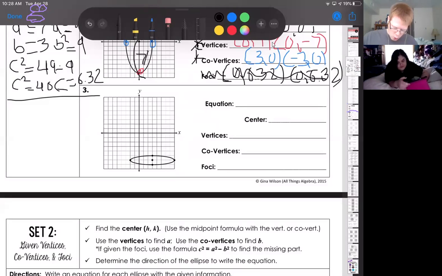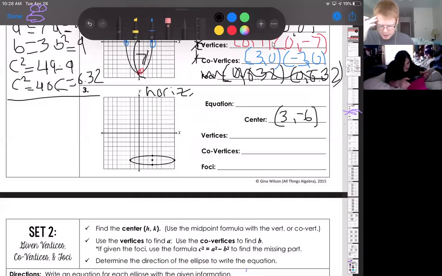So looking at this last example on this page, we have an ellipse. It's a horizontal ellipse. So my center, if you look at your graph, your center is at 3, -6. So this time it's not 0, 0, so we'll see how that changes our equation. The vertices would be these points here and here.